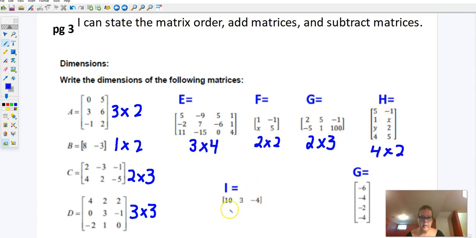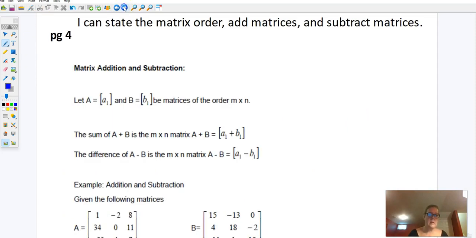Matrix I, 1 going across, 1, 2, 3 going up and down. And finally, matrix J, 1, 2, 3, 4 going across, and just 1 column going up and down. So we have named all of these matrices.